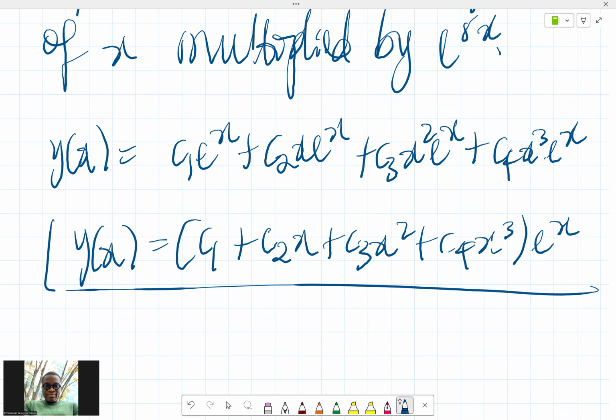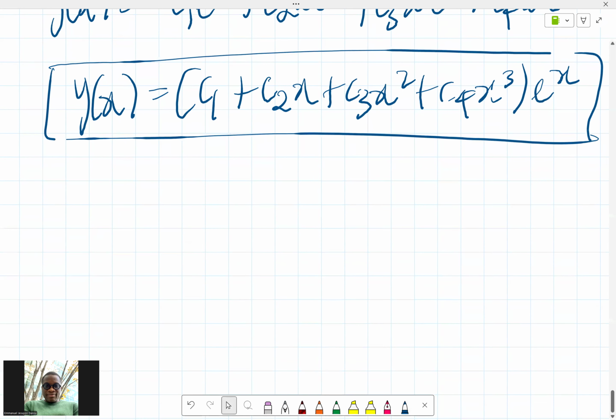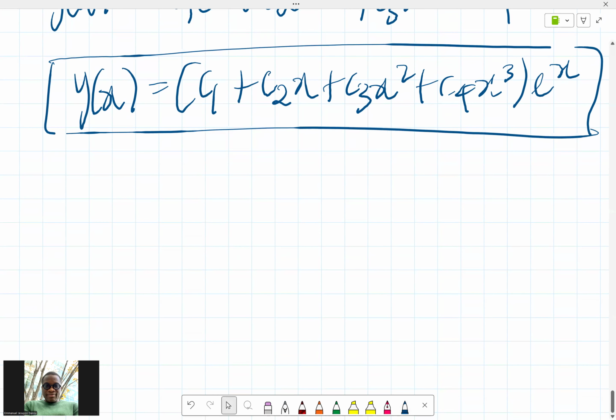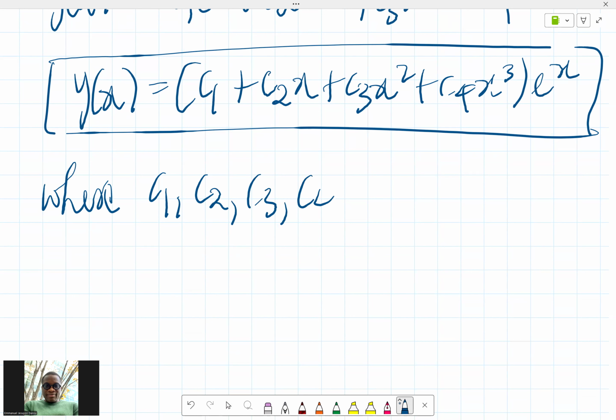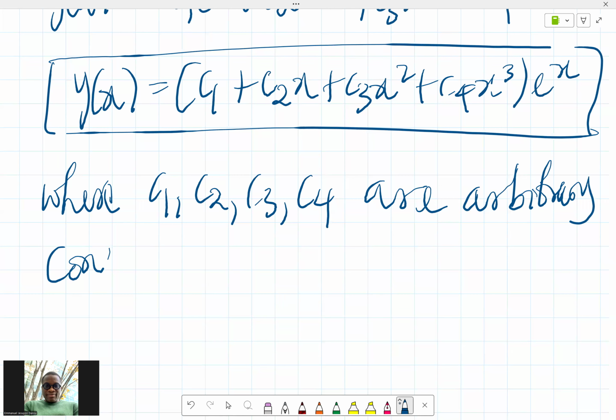That is the solution to that homogeneous equation, where C1, C2, C3, and C4 are arbitrary constants.